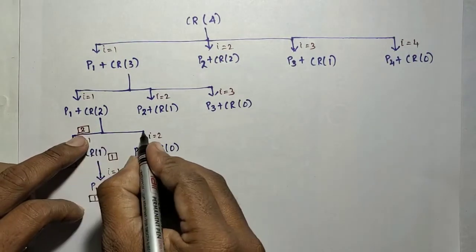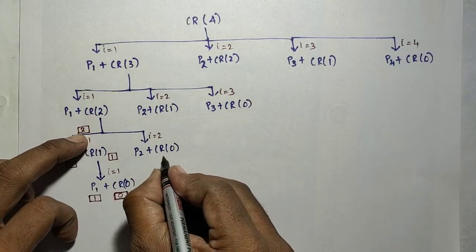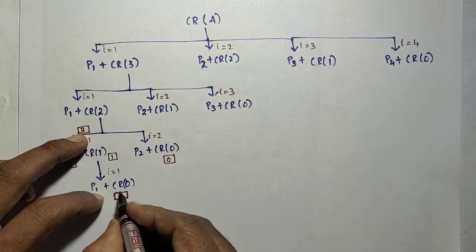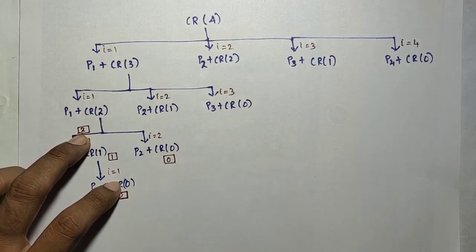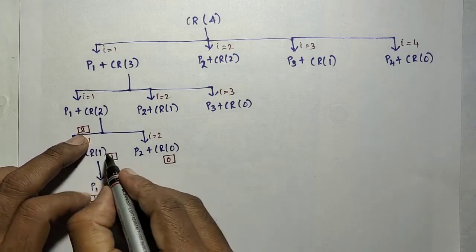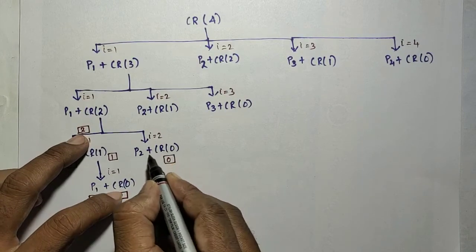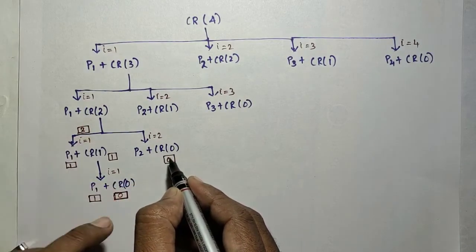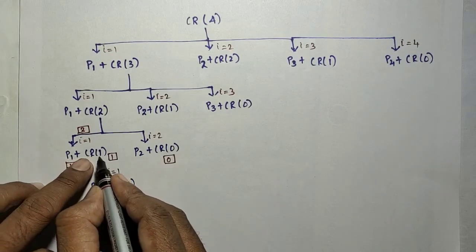Similarly another branch is p2 plus CR of 0. CR of 0 price is again 0. So this CR of 0 subproblem, here only we need to observe it. When we are calling the CR of 0, the CR of 0 solution is already determined, correct, during the process of CR of 1.